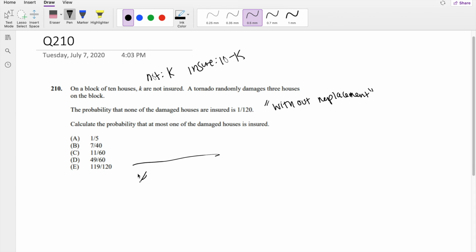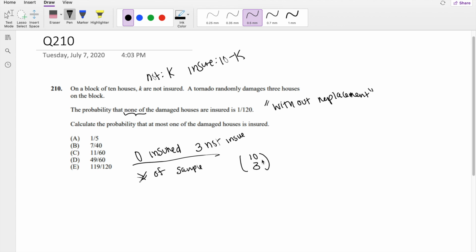On the denominator, this is going to be the total number of samples. So out of 10, you're choosing 3. And in the numerator, we're looking for how many ways there can be none of the damaged houses insured. So 0 insured. If there's 0 insured, we know there must be 3 that are not insured.